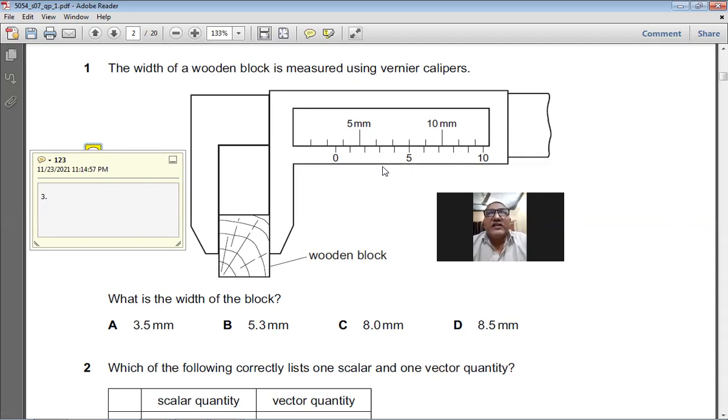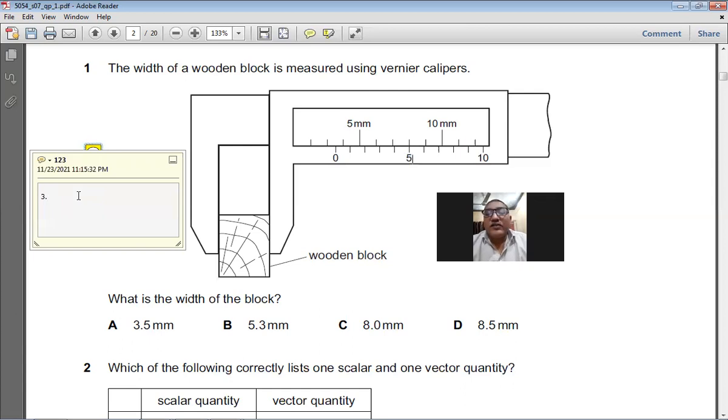Then I will check which line of the vernier scale is exactly coinciding with any line on the main scale. So this is not coinciding with any line, this is not coinciding, this is not coinciding, this one is coinciding. So this reading is 5.